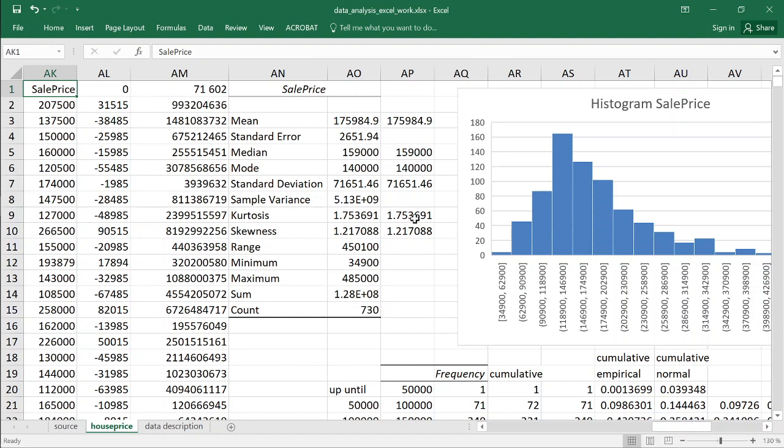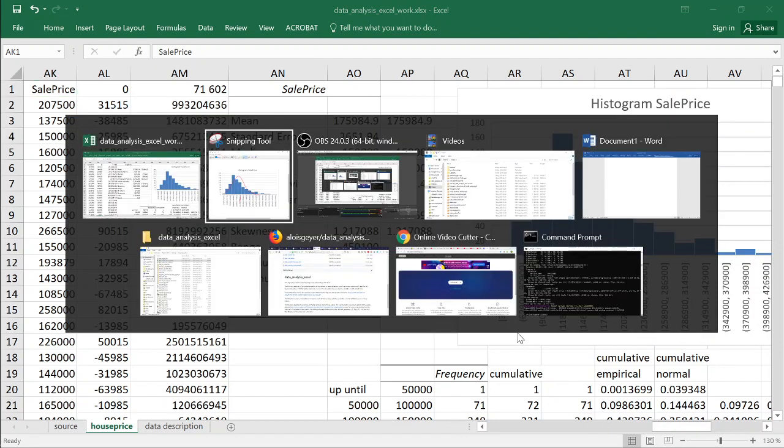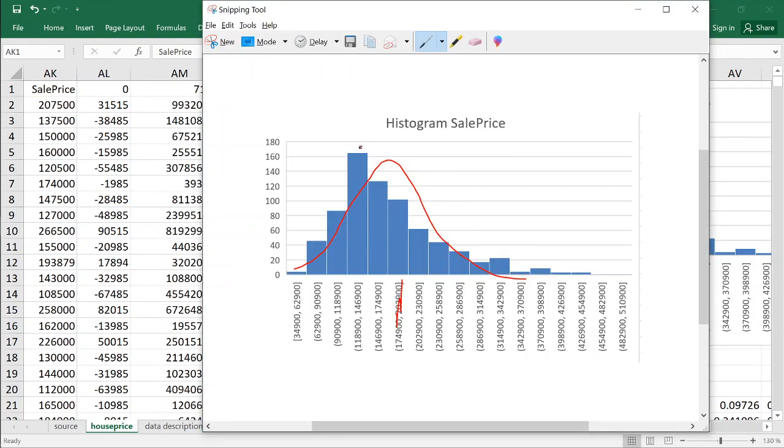A bell shape, like in the normal case, would result in a kurtosis of 0. If it's above 0, then, as I said before, the peak of the empirical distribution would be somehow more pronounced, and I exaggerate here a little, than the normal bell curve.